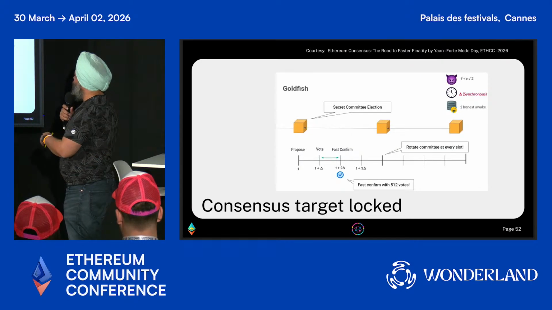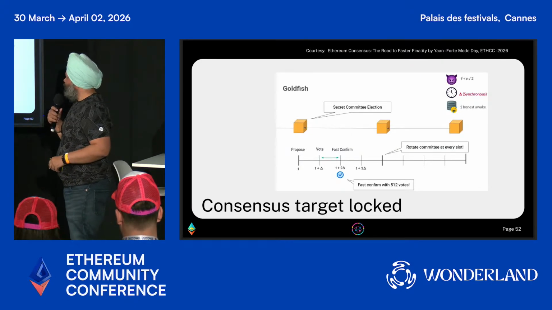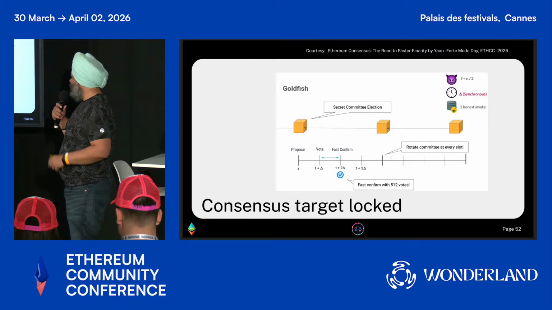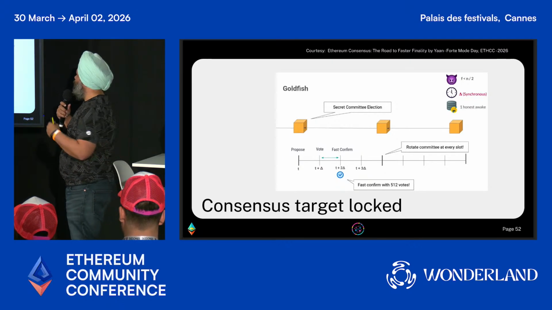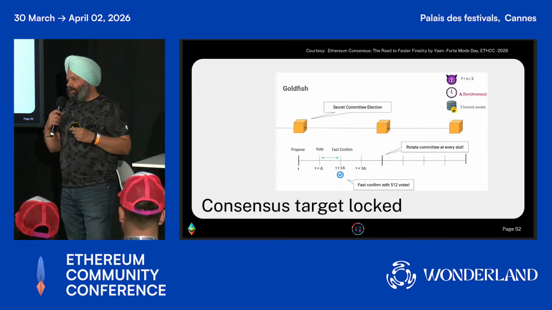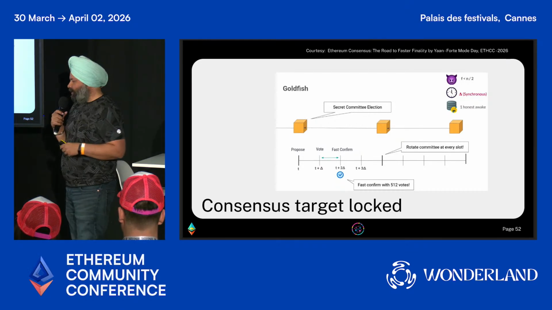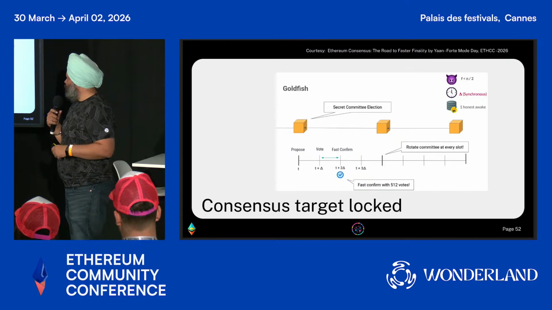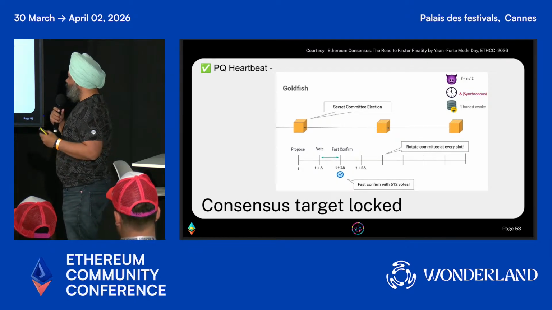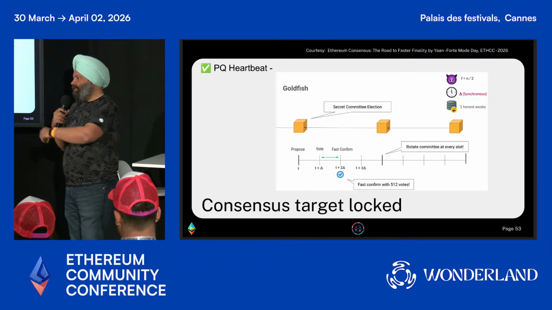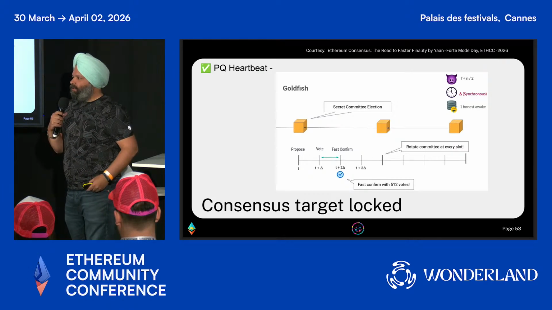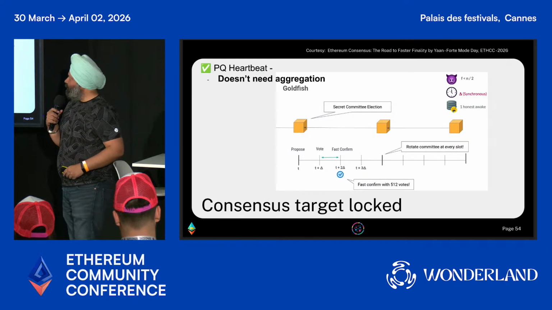Yep. So this is the explanation of how Goldfish works. And I suggest you look at Jan's presentation for getting deeper into how consensus is going to evolve. This is basically the basis for the PQ heartbeat that we talked about in the strawmap.